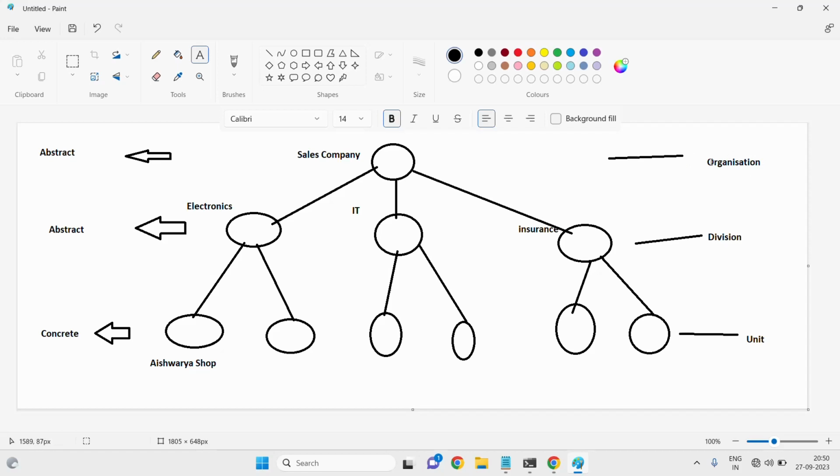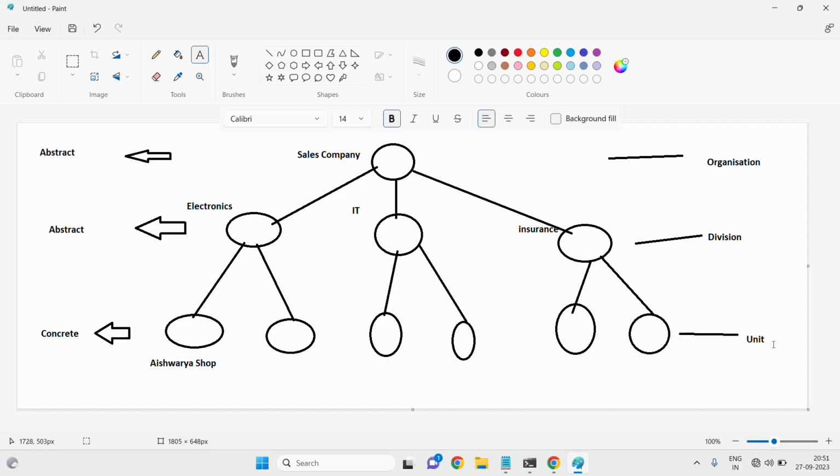In that organization we have so many divisions, like Aditya Engineering College, Aditya College of Engineering and Technology, and Aditya College of Engineering. These are divisions, like the first campus, second campus, third campus. Under the first campus we have so many branches, CSE, ECE, EEE, mechanical. These come under the unit level.